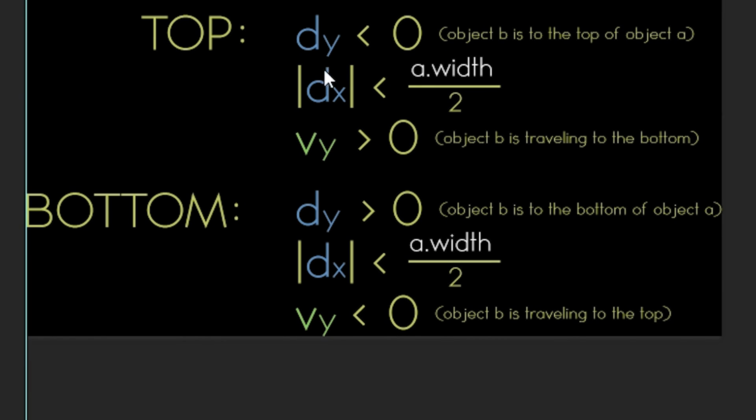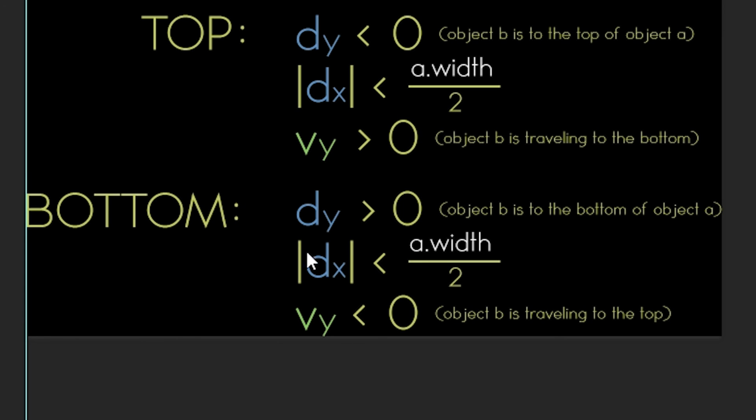Top, the delta y is less than 0. That means object B is to the top of object A. Absolute value of delta x is less than the width of A divided by 2. And the y component of B's velocity is positive. That means object B is traveling to the bottom.